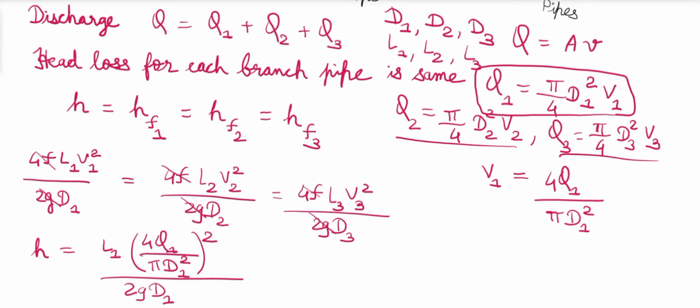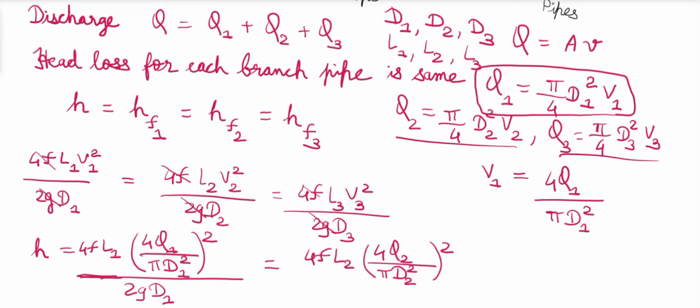Here I'll be considering 4f and 2g because the equation that we got, L1 V1 square upon D1 is equal to L2 V2 square upon D2 is equal to L3 V3 square upon D3. That is one equation. And right now what we are doing is to derive the equivalent length of the pipe.